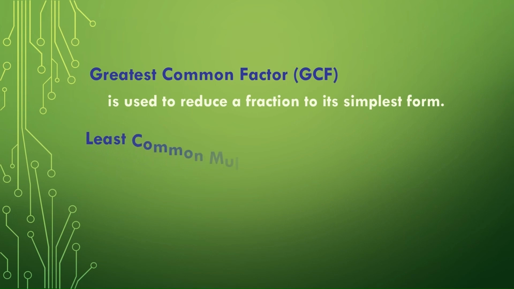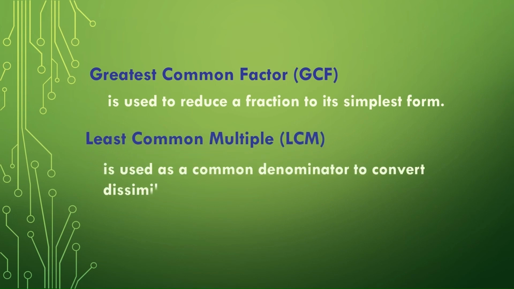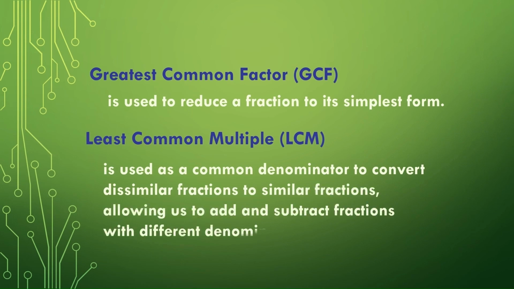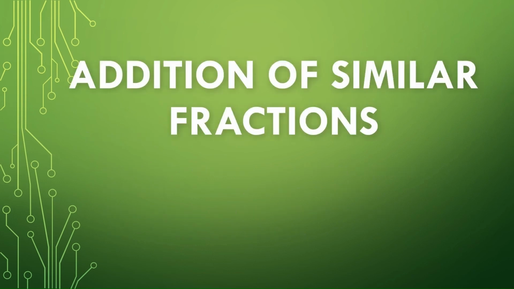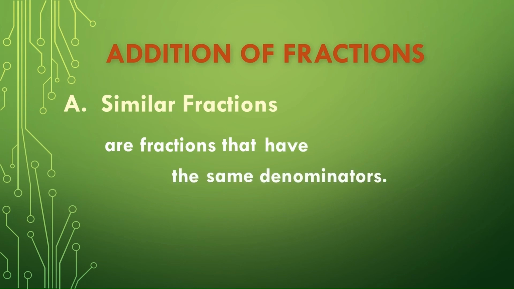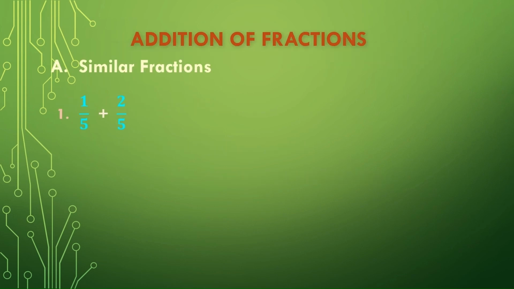The least common multiple, or LCM, on the other hand, is used as a common denominator to convert dissimilar fractions to similar fractions, allowing us to add and subtract fractions with different denominators. In this video, I will demonstrate efficient methods for adding like fractions. Similar fractions are fractions that have the same denominators.